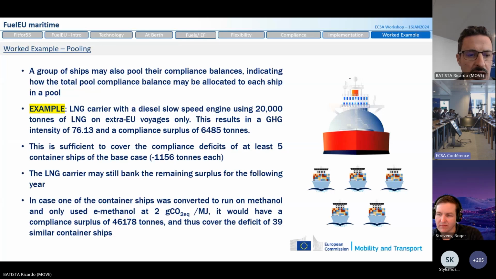In this case, if one of the container ships was converted to run on methanol and only use methanol, then you would have even a further higher compliance surplus that would help to bring in close to 40 similar container ships.